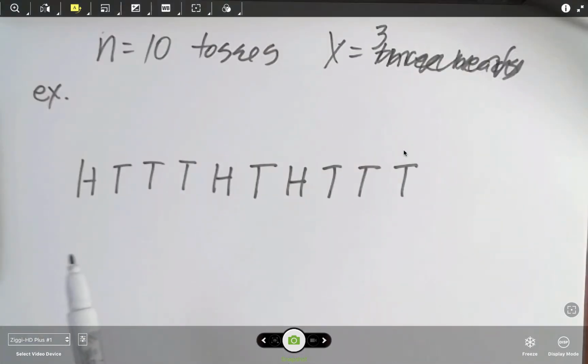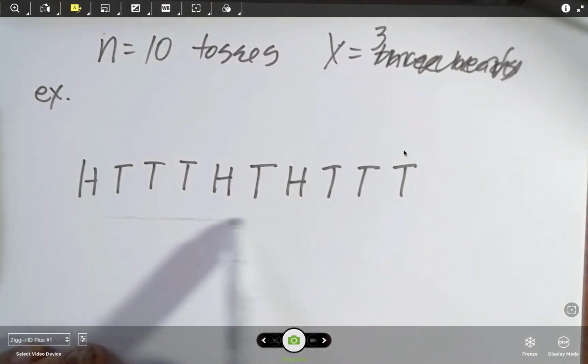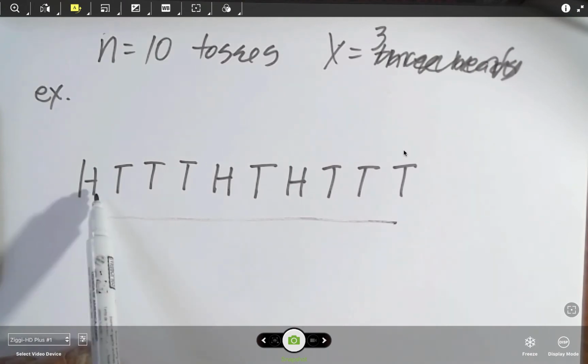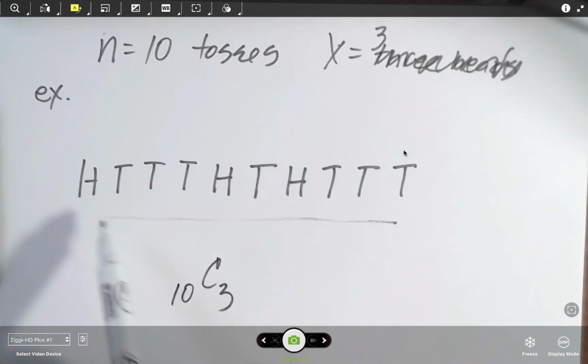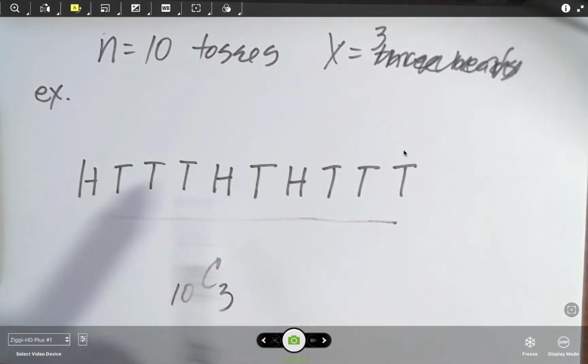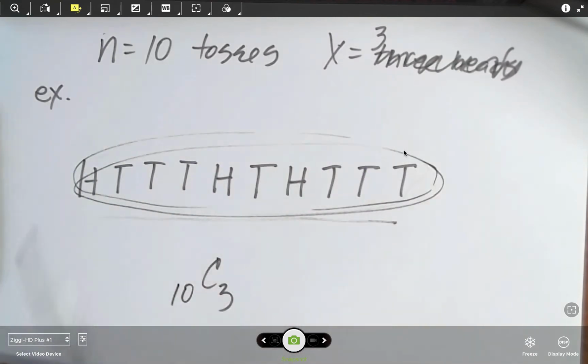Now let's suppose there are n tosses, and we're looking at the possibility of getting 3 heads. Well, here's one possible arrangement, right? So how many ways can 3 heads occur? Well, there are going to be 10 choose 3 possible arrangements of where the 3 heads can occur. So that means whatever the probability of getting this arrangement is, we will need to multiply it by this number.